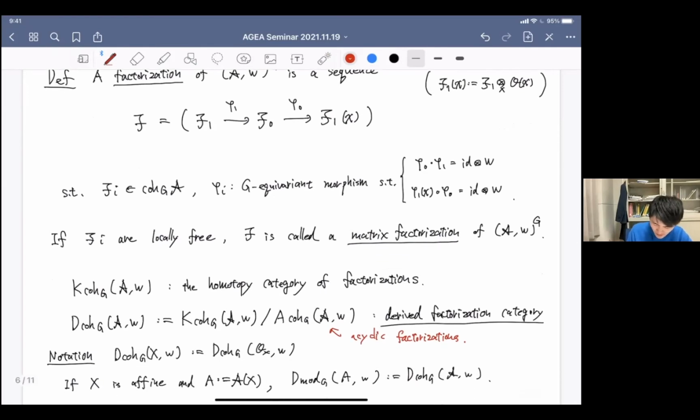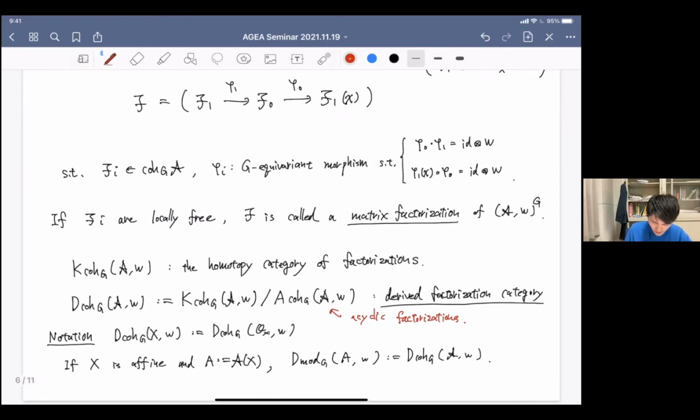So the derived factorization category is an analogy of the usual derived category of complexes. And if the algebra A is OX, then we write D conf G XW.